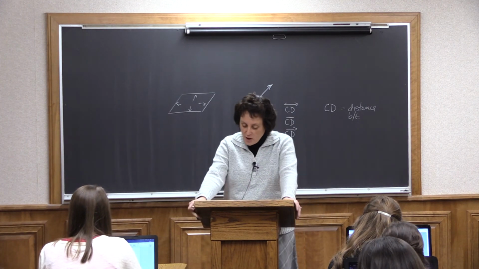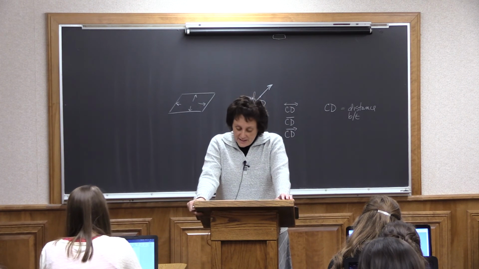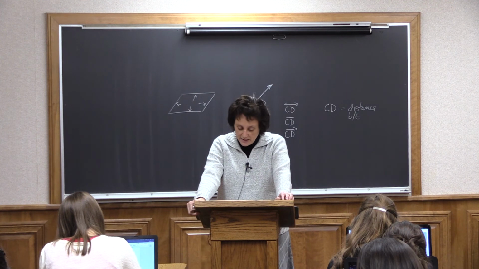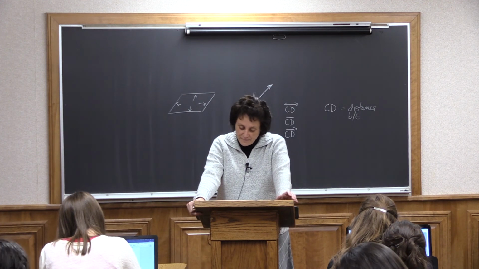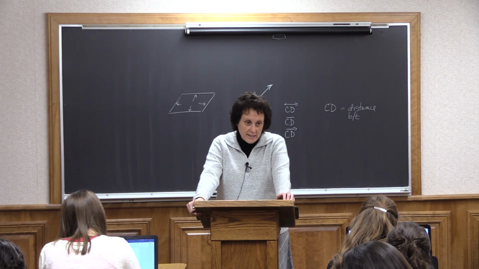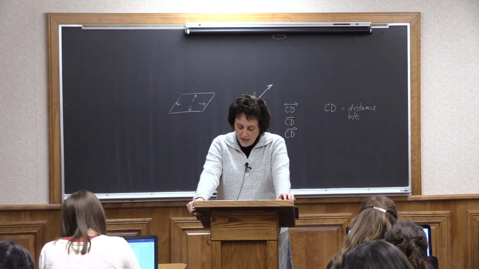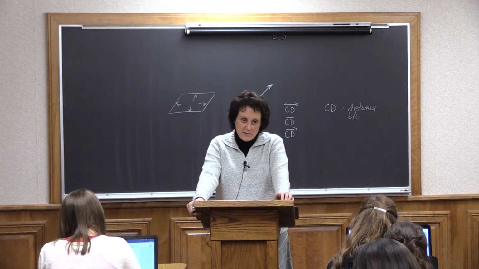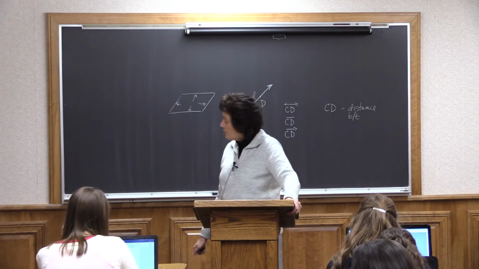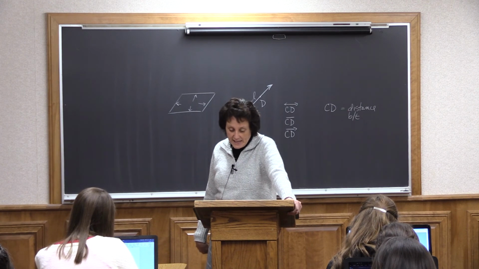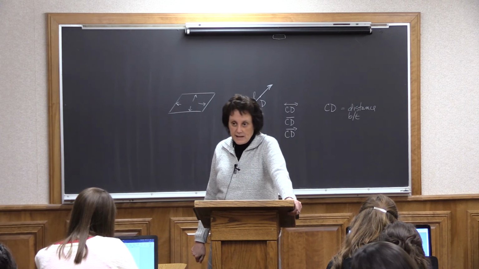Okay, so first of all, segment. A segment is a plane figure that we define with respect to line. So what is the definition? A segment is part of a line having two endpoints. So segment CD is only the part of the line between the two endpoints C and D. That is a segment.